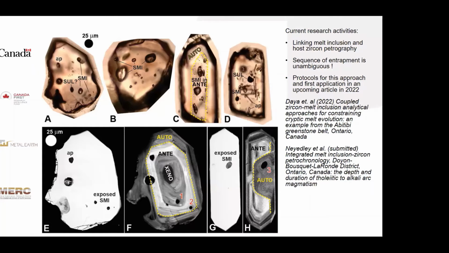And so these will be unmodified estimates or measurements of the actual melt metal content for the Mushla complex as well as the associated volcanics in the Blake River.